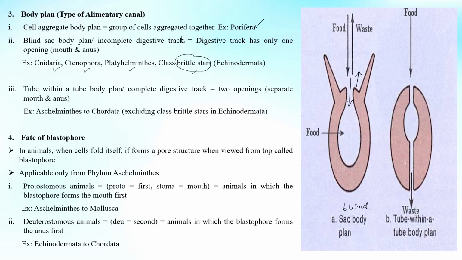Okay. Next, let us look at tube within a tube or complete digestive tract. So what we humans have, what the mammals have is going to be a tube within a tube body plan, right? So food will enter through one pore and it will exit through some other part of the body. So we have two openings, right? So the anus and mouth are going to be separate.